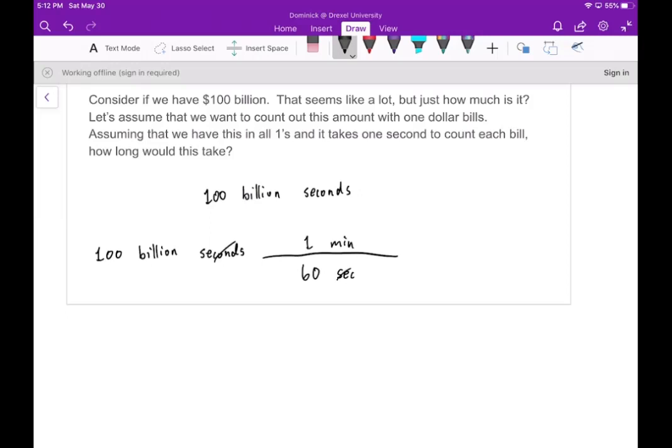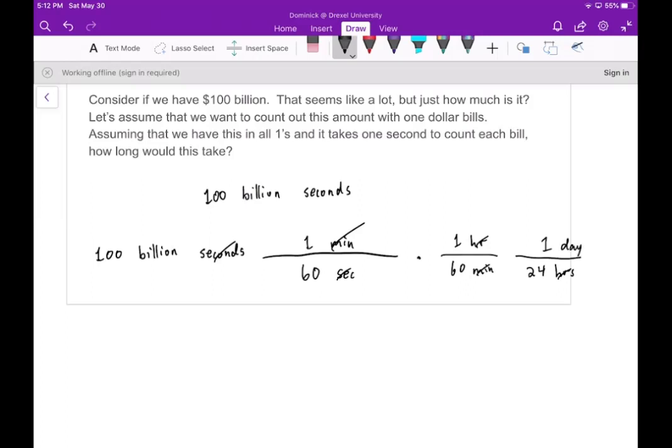And let's put it in hours just to make it a little bit more doable. So 60 minutes in 1 hour. And let's go ahead and let's make it days while we're at it. So 24 hours in 1 day.